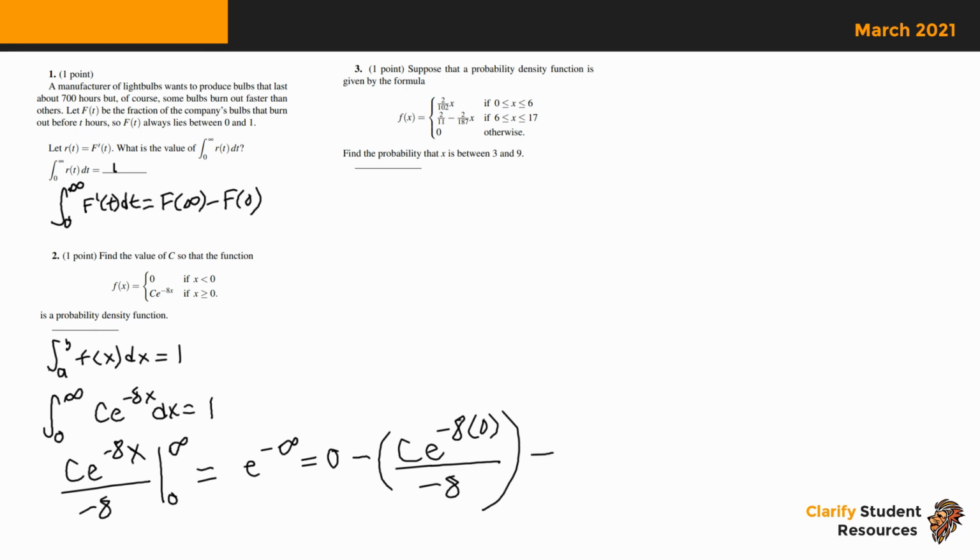And we know that this whole thing has to equal 1. What we're going to see is that e to the 0 is just 1. So we have minus c over 8. So this means that c over 8 is equal to 1, and therefore c is equal to 8.